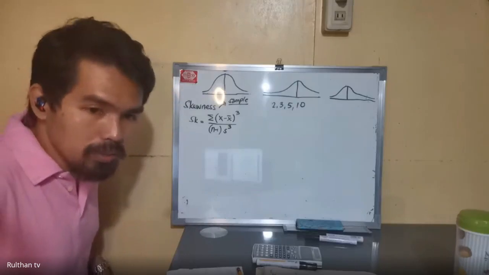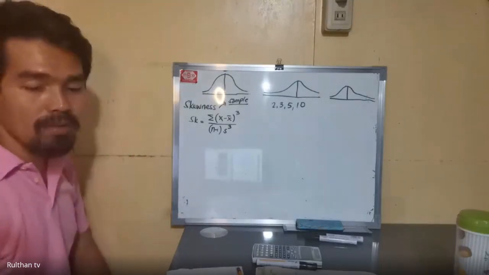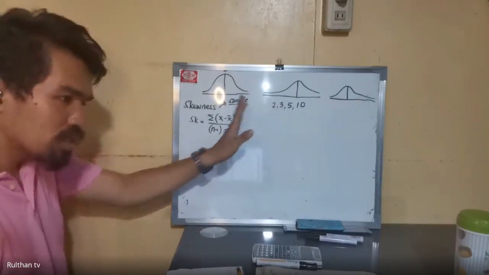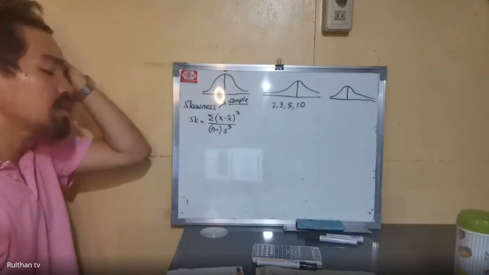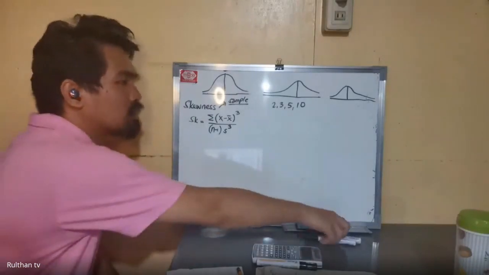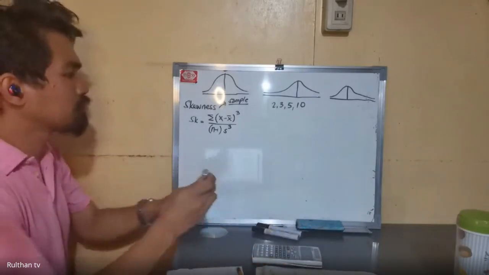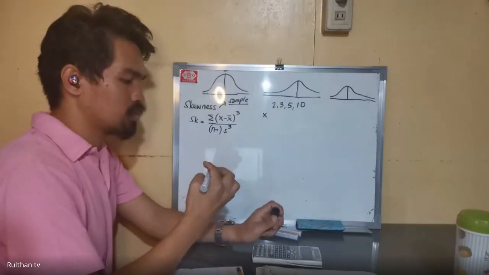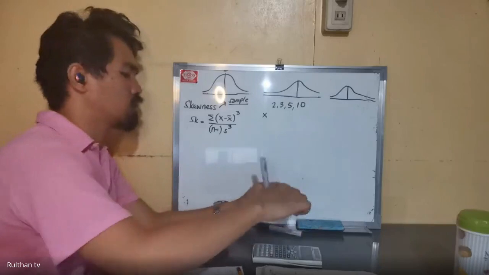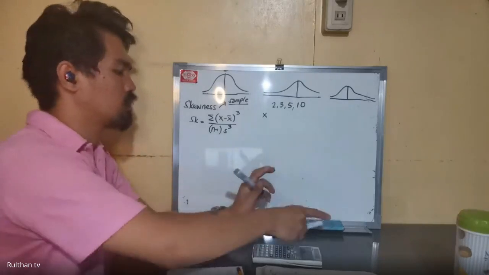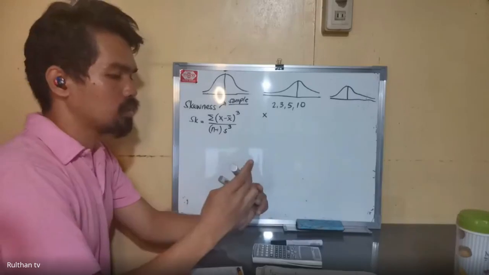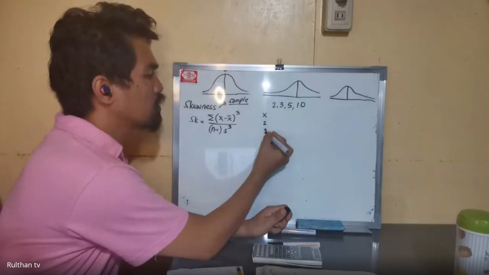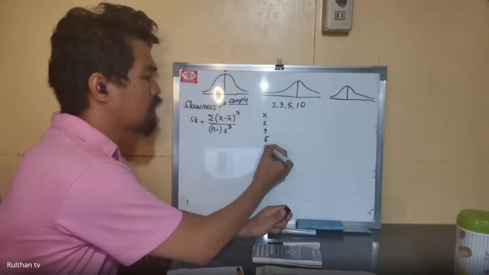Now the next thing that we will do is find the skewness of this distribution, whether it is skewed to the left, or positively skewed, or skewed to the right. Let's form our table. X is 2, 3, 5, 10.